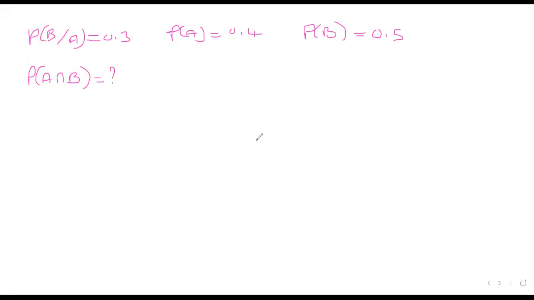So how do we find the probability of A intersection B? The first thing is we expand this. Who wants to expand this for us? What is the probability of B given A?